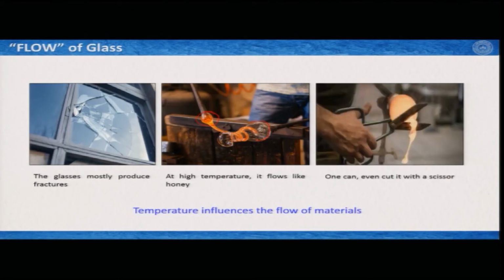And interestingly, you can also cut it with a scissor. So here it is extremely fragile and produces fracture, here it flows like honey, and here you can also cut it. So temperature, at least from this example, we can figure out, certainly has an influence on the flow of materials.